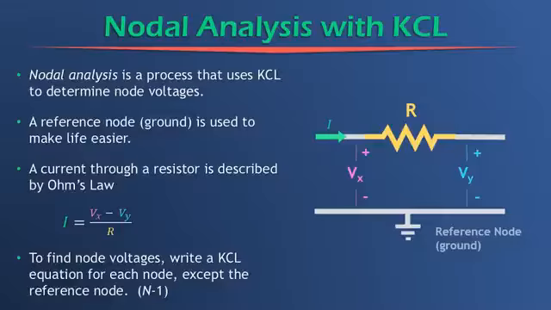We can write out the standard KCL equations like we did before in our previous examples, except now instead of writing I1, I2, I3 equals 0, we write in the form Vx minus Vy over R plus Vz minus Vb over R, whatever points there are in the circuit. So we use this form, Vx minus Vy over R, instead of just I.